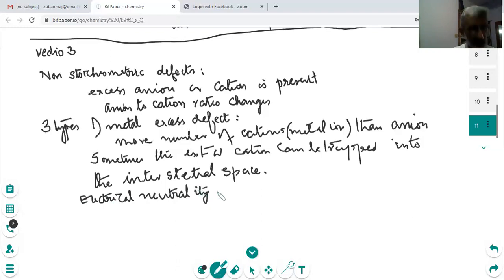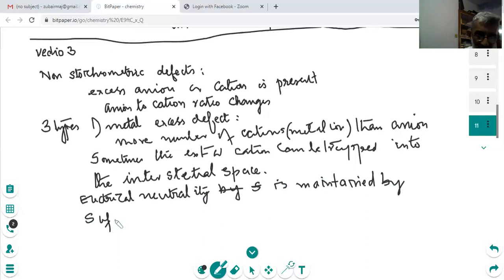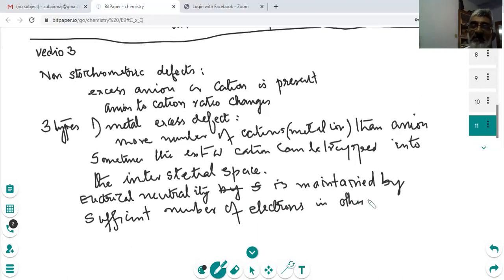That is generally maintained in all crystals. The electrical neutrality is maintained by a sufficient number of electrons in other interstitial sites.